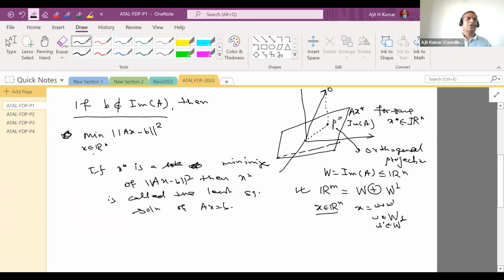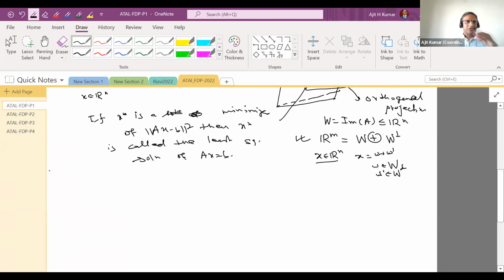So the problem has now reduced to a minimization problem, something which this morning you saw. It is a purely calculus problem now, which can be very easily solved using calculus.